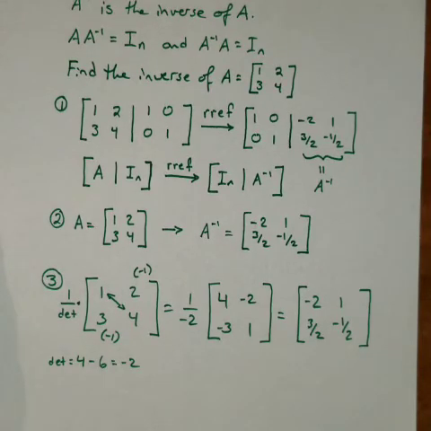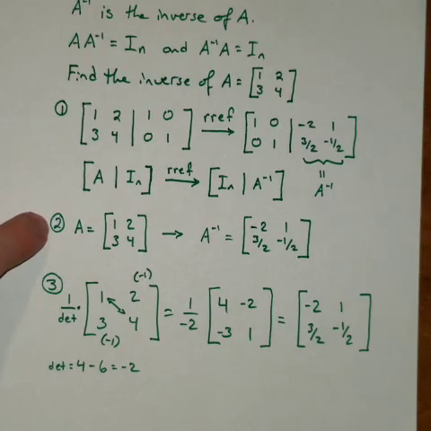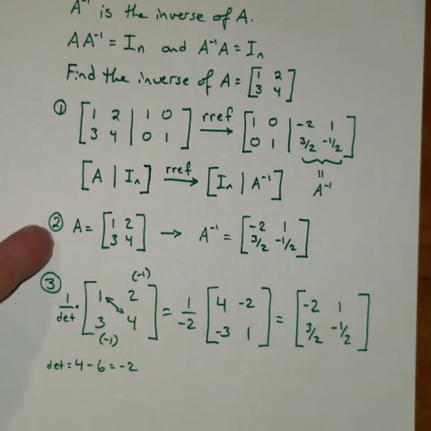So here are 3 nice processes. They're not the only ones, I don't think, but they're the ones that I'm going to show you. I think if you have your calculator accessible, the second one is probably the best. It's pretty fast.